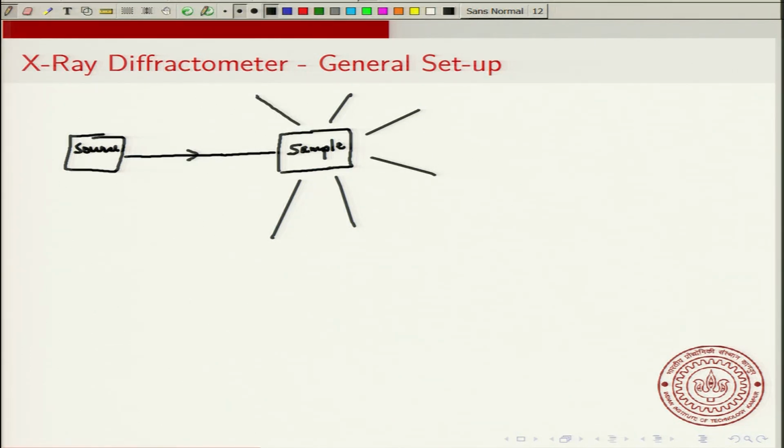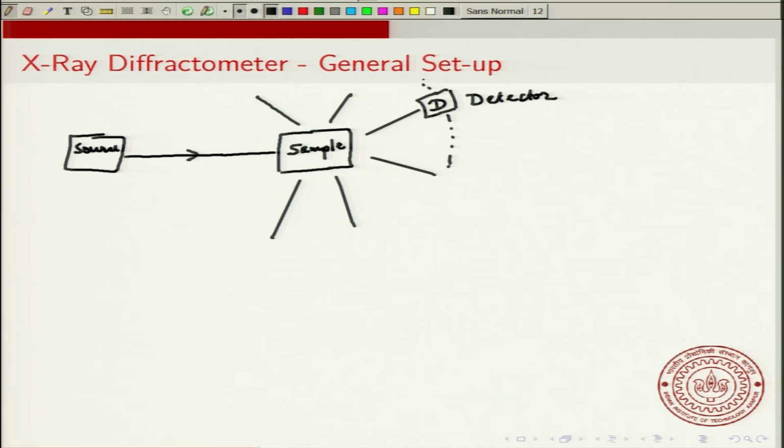And basically there is a detector, this is a detector D, and typically this detector can be rotated, so that you can pick up the scattering at different angles.